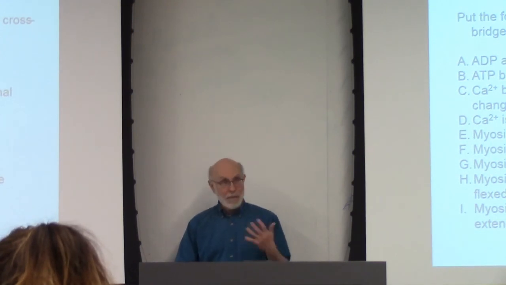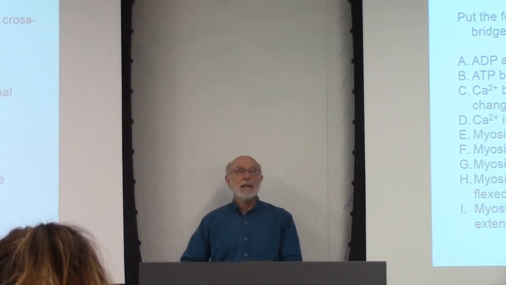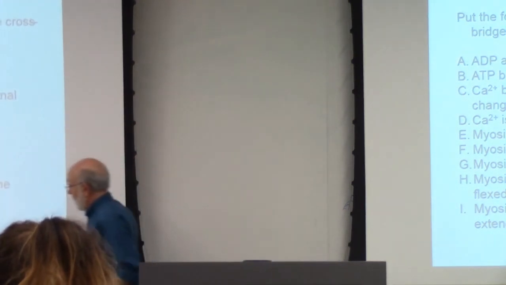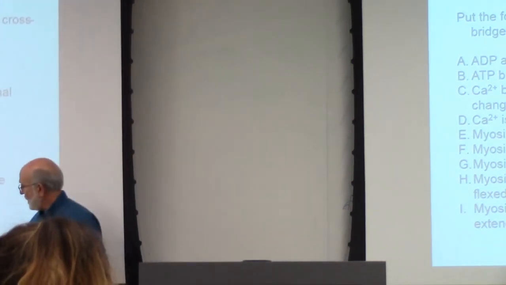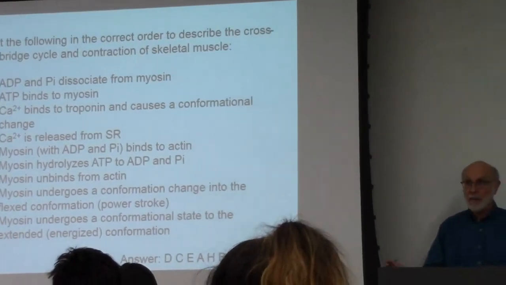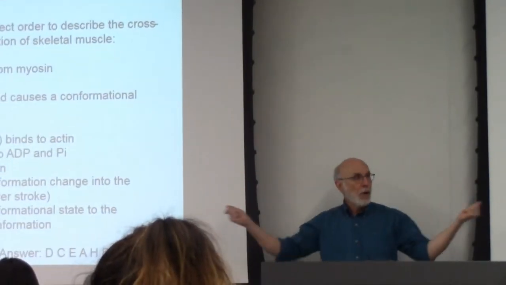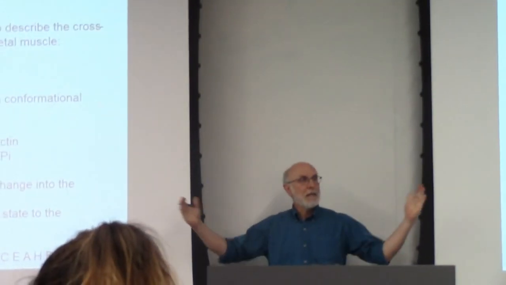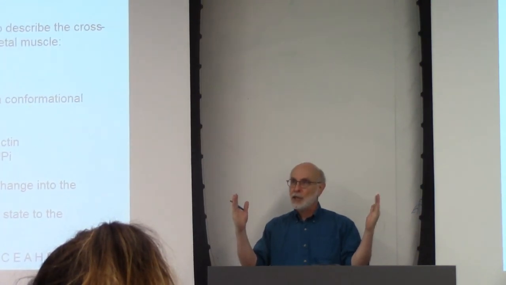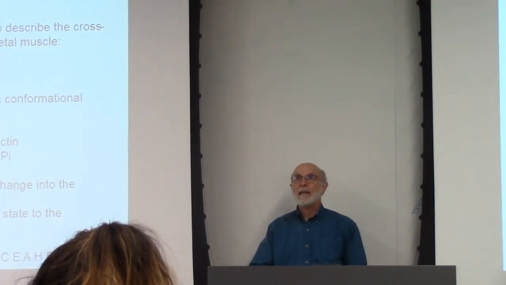Remember the story, because then you can answer the question. It's not shown here because I ran out of space, but I circles back to E to form the cycle, and we do that over and over again. We pull the actin thin filaments, we pull the Z discs together towards the M line, shortening the sarcomere, contracting the muscle.